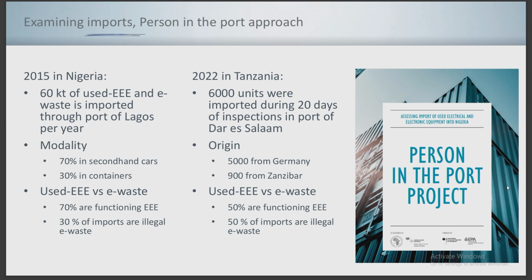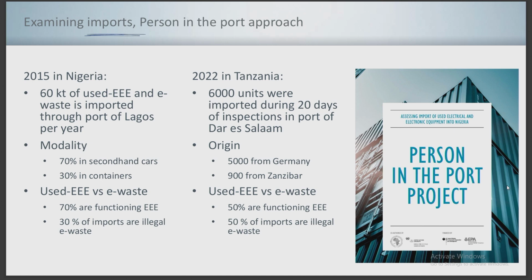In Tanzania, we had less budget, so we could only test 6,000 units during a period of 20 days in the port of Dar es Salaam, so it must have been very close to here. Most of it came from Germany and also like 1,000 items from Zanzibar.